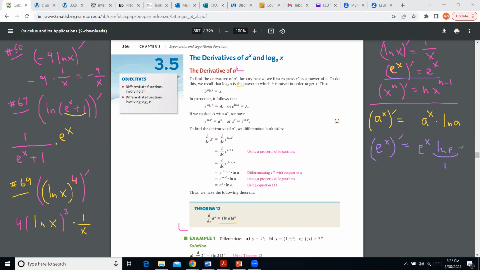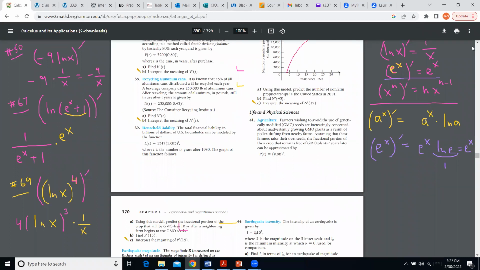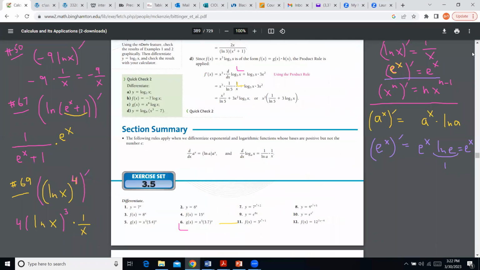So that's why this formula that we saw with e to the power of x appeared first. It looks a little bit nicer, I guess, and that's why they like it. So let me use this new formula to take some derivatives of various exponents that have different than e bases.